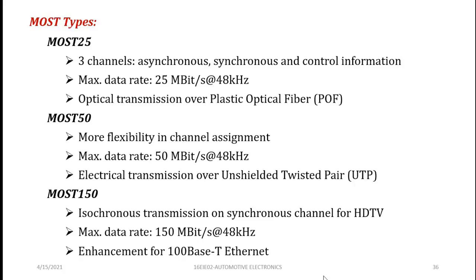First of all, in MOST25, optical transmission over POF technique was used, that is plastic optical fiber. After that, in MOST50 it was electrical transmission, and in MOST150 it was an enhancement of 100BASE-T Ethernet. So the types are split into 3 based on the channels, data rate, and transmission.